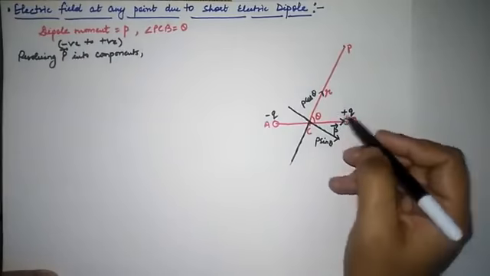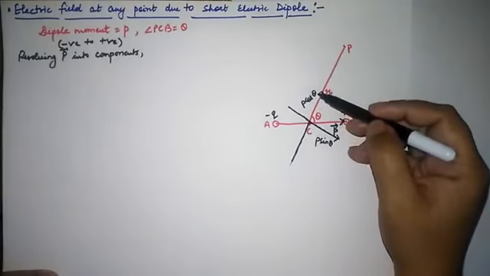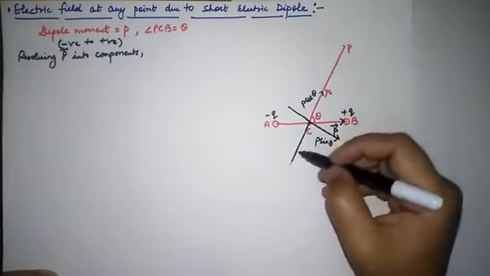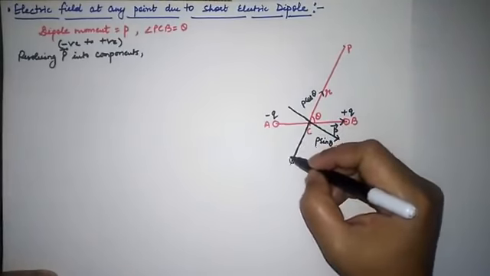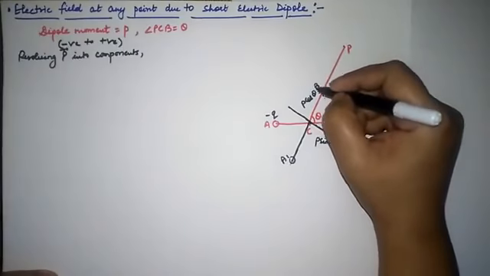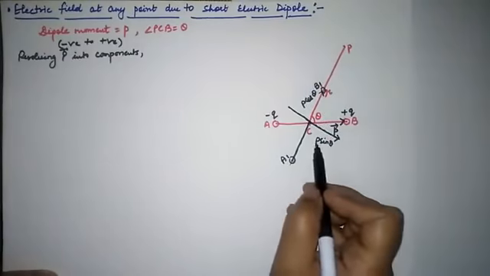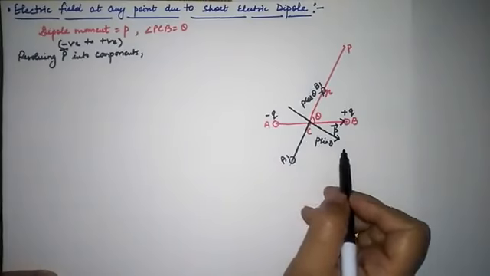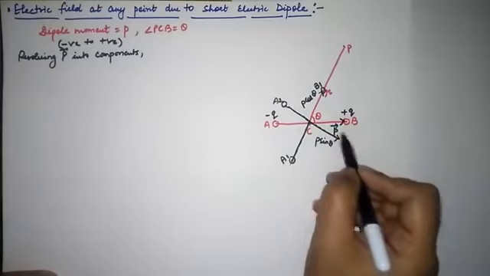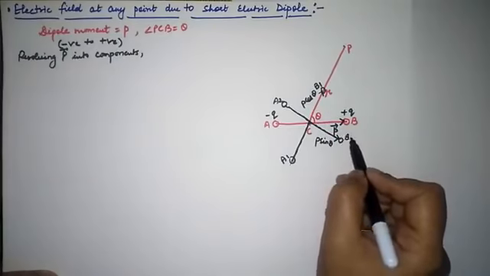So we can say P cos theta is the dipole moment of this dipole, suppose A1 B1, and P sin theta is the dipole moment of dipole A2 B2.